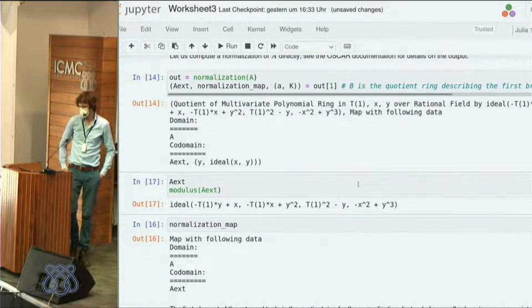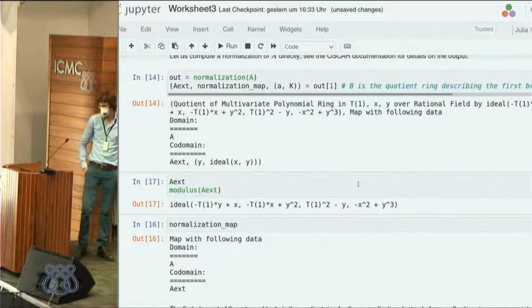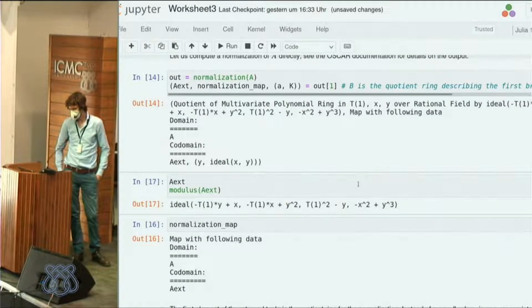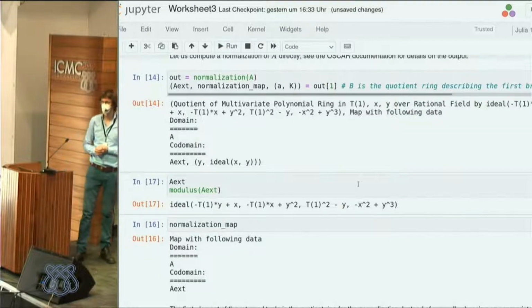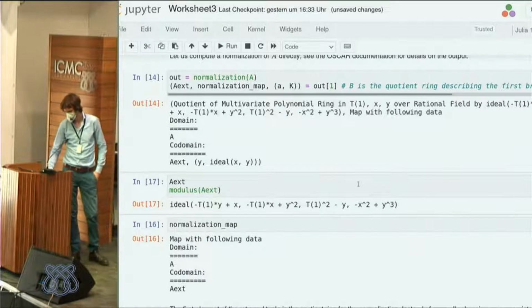So what we see here in number 17, that's the product relations and the syzygy relations with this new variable T1. Is that right? Yeah. Okay. So quite some human non-digestible output. But the machine is okay with it.